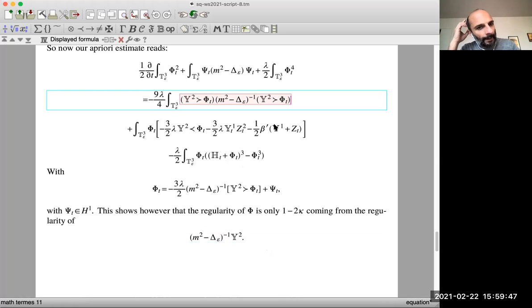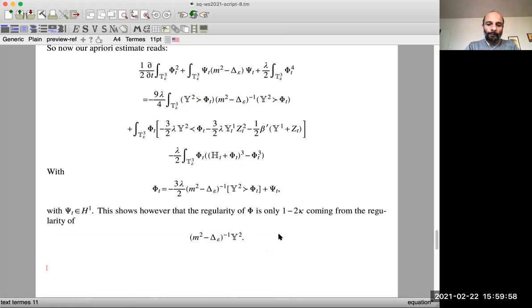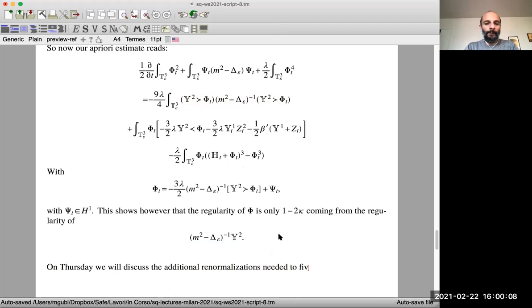So this last step is really the conceptual difficulty of the three-dimensional problem, because you have to do this additional renormalization. So on Thursday we will discuss the additional renormalization needed to give a well-defined limit to the quantities.